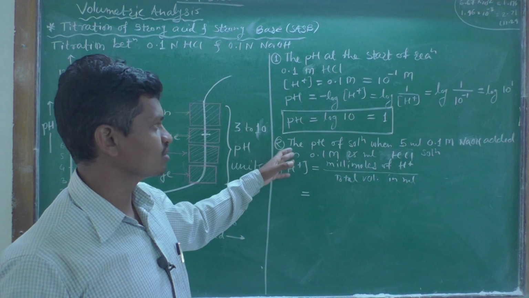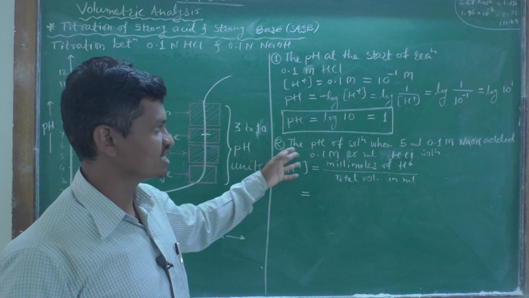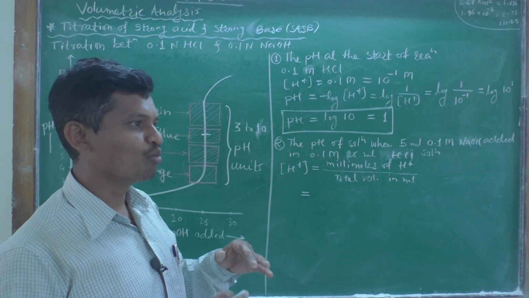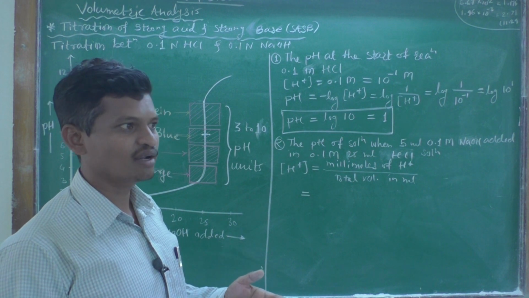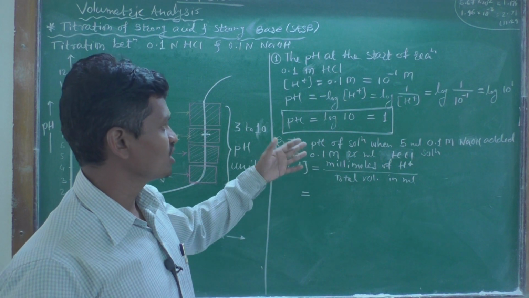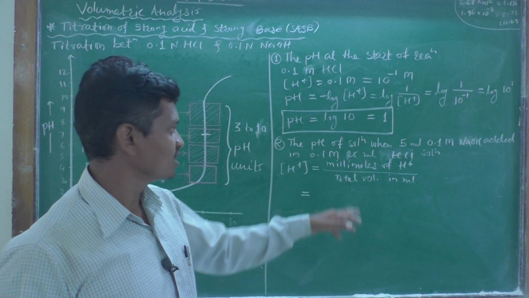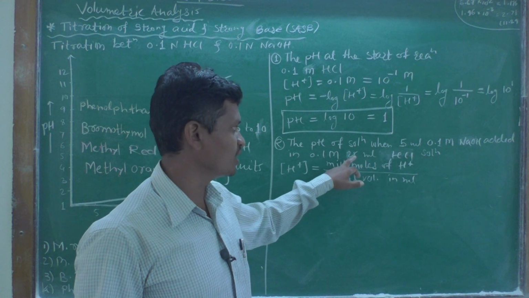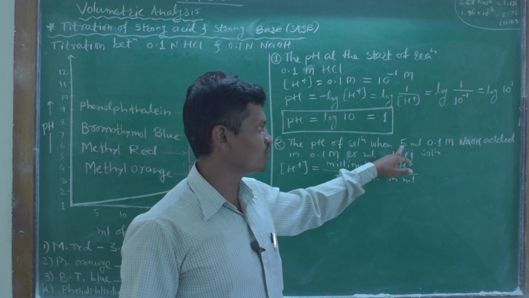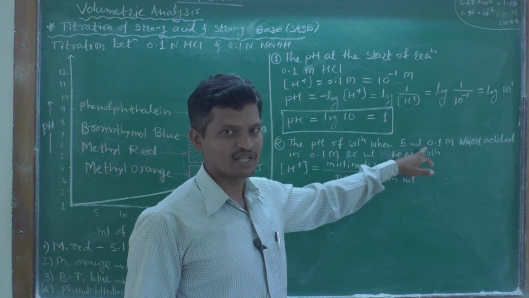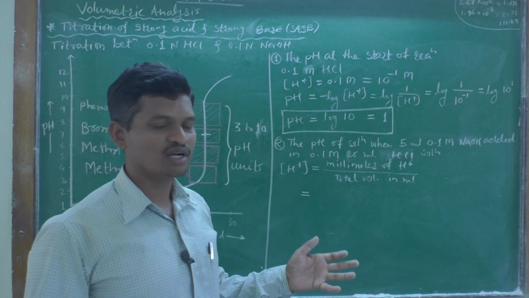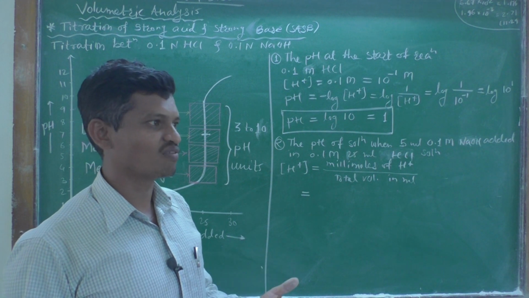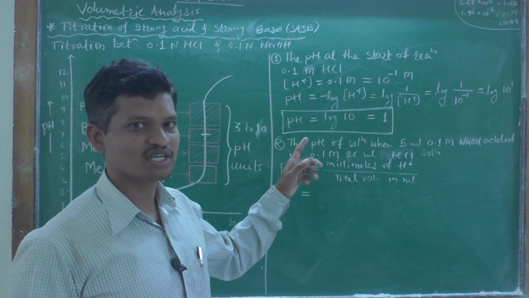This is the case before the equivalence point, and before the equivalence point there are more H plus ions, because in the conical flask the acid is 25 ml and from the burette we have added only 5 ml of base. It means the acid is more in the conical flask, so the H plus ion concentration is more.